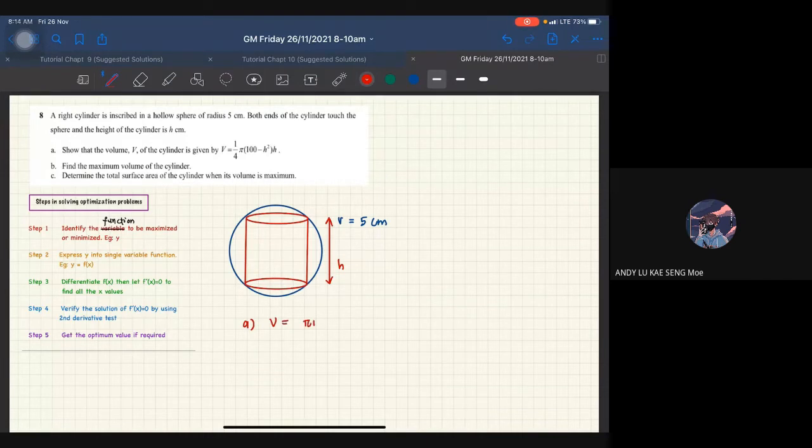So jangan confuse dengan formula of total area. Kalau total area, formula dia adalah 2 pi r square plus 2 pi r h. So kita sekarang nak volume of the cylinder. So V equal to pi r square h.